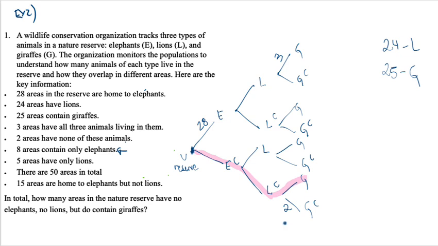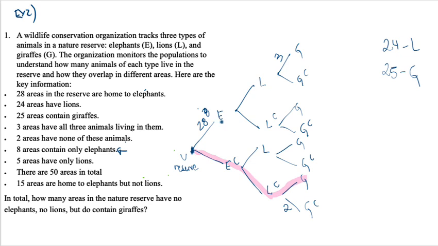Okay, so then 8 areas contain only elephants, meaning that I have elephant. And this is a common mistake. I see lots of students, if this information was not given, putting here, oh, I have 8 areas that only contain elephant. But this is not right, right?